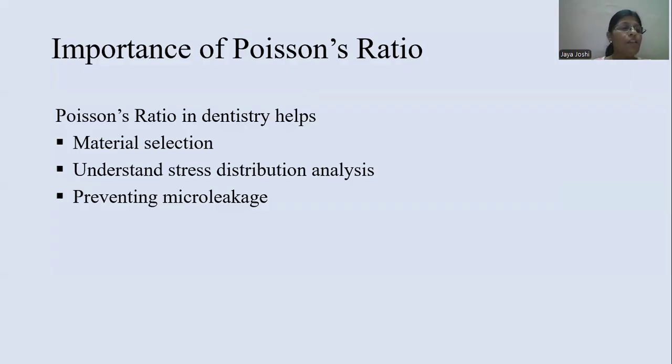Understanding Poisson's ratio allows the dentist to predict how the stress will be distributed when the material is exposed to masticatory forces. And third, it helps the dentist prevent microleakage. If there is a well-matching Poisson's ratio between the restoration and the tooth, then it will reduce microleakage, which will further prevent secondary decay. So that is the importance of Poisson's ratio.